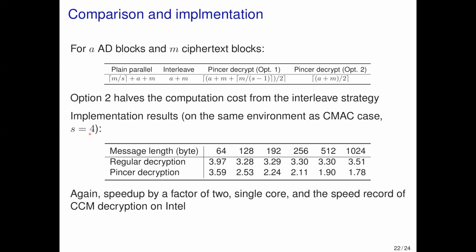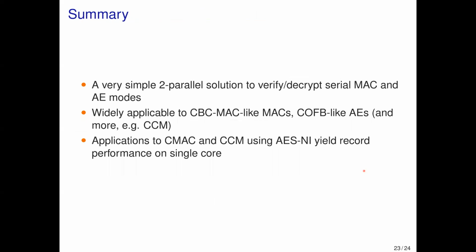The results show a speedup of a factor around 2 in case of the 1 kilobyte message. As with the case of CMAC, this is a speed record for CCM decryption on Intel CPUs for single core and single message.